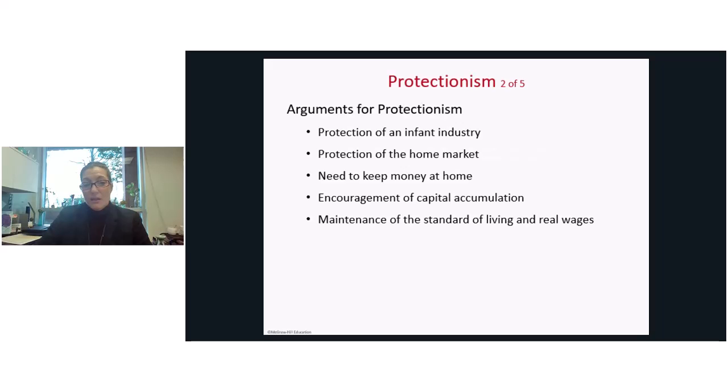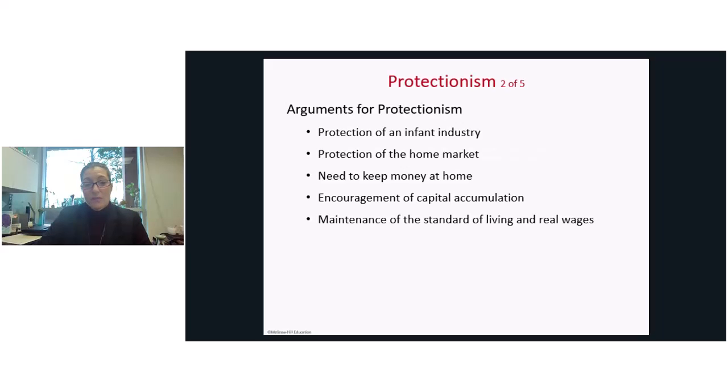They are protecting the home agricultural market, as in the domestic American agricultural market. They're trying to keep the money in the US rather than American companies outsourcing to China or even to Mexico.